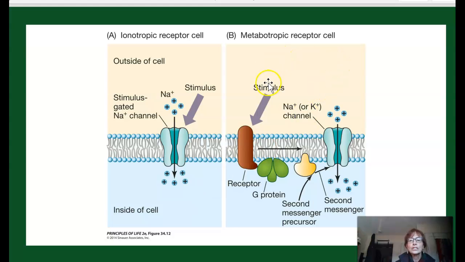And then there's also a different type, the metabotropic ones, where the stimulus doesn't open a channel, but it does activate a bunch of stuff internally. The second messenger system, we talk about G protein coupled systems. Coupling just means these are associated. Once this gets activated, it goes on to activate other things, sometimes then opening one of these channels. So they call it a second messenger system.